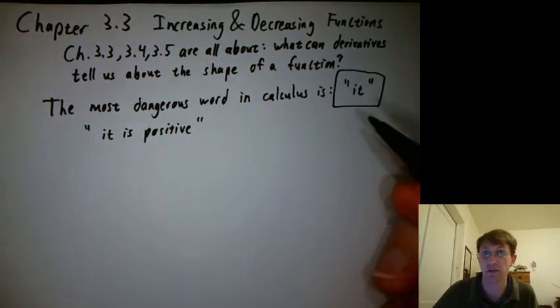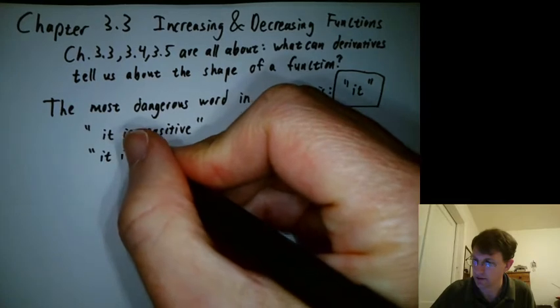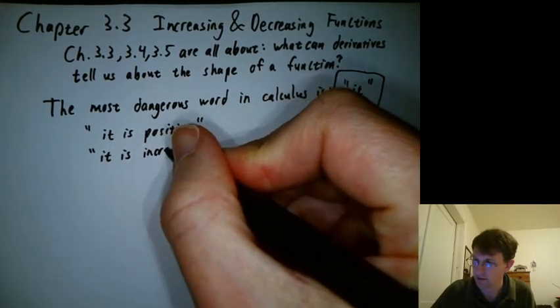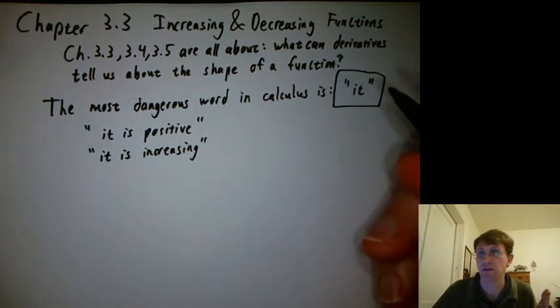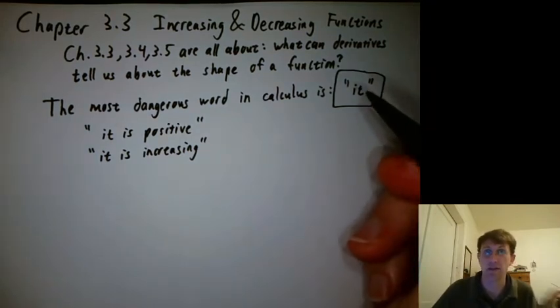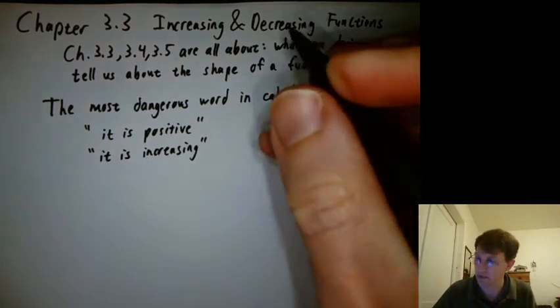The original function, the derivative? Or "it is increasing." That's another dangerous one. Do you mean the original function is increasing, the derivative is increasing, maybe even the second derivative in later chapters?